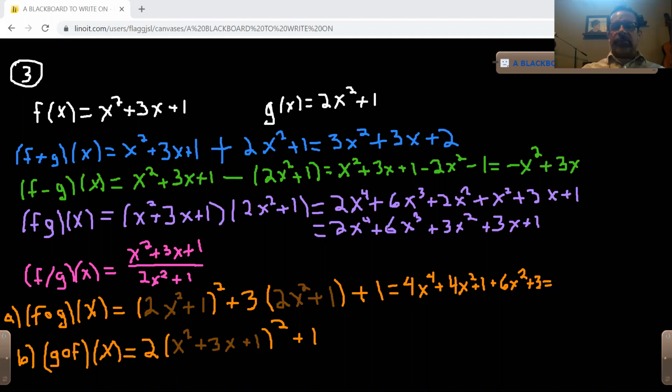And so this can be simplified by adding the common elements. So this is going to give us 4x to the 4. 4x squared plus 6x squared is going to be 10x squared, and 1 plus 3 is going to be 4. Okay.